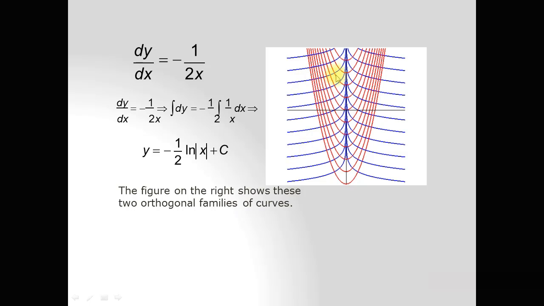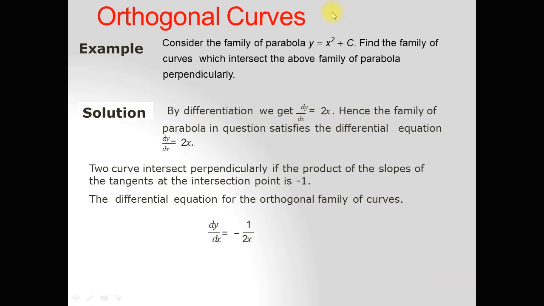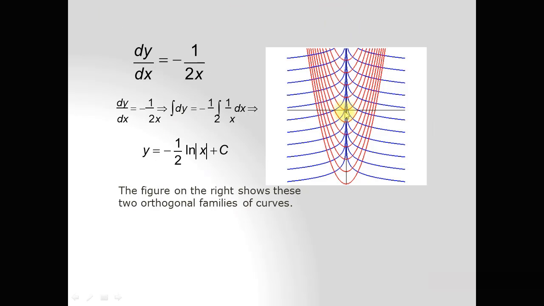So these blue curves are represented by this equation, and the red curves are represented by the given equation. These are orthogonal trajectories because each blue curve intersects all the red curves at 90-degree angles. So these are the orthogonal trajectories, the orthogonal family of curves.